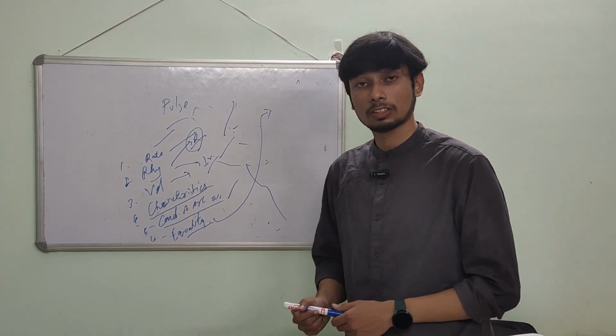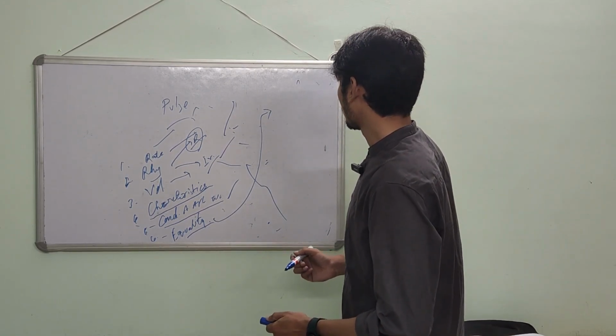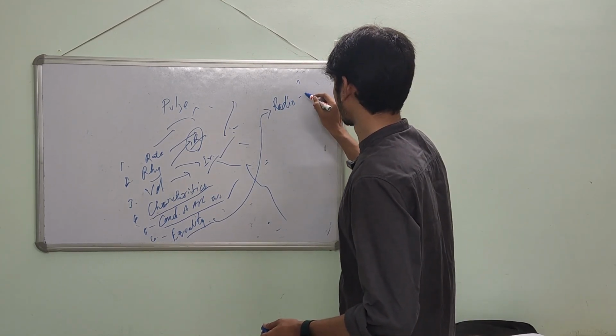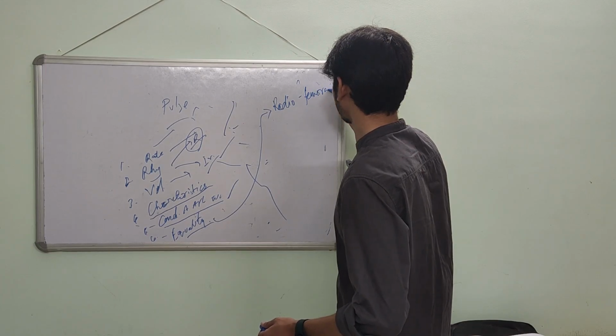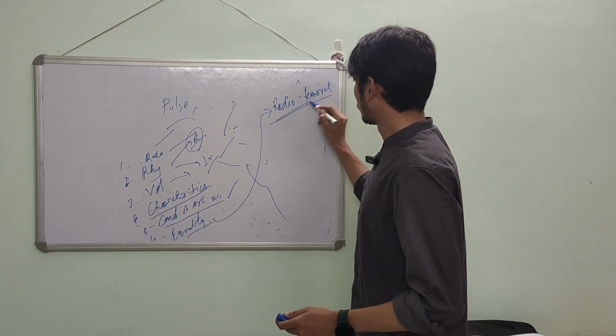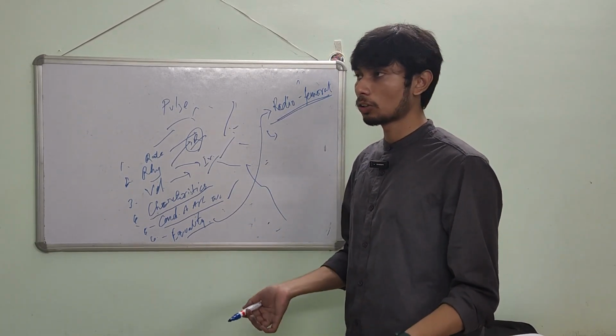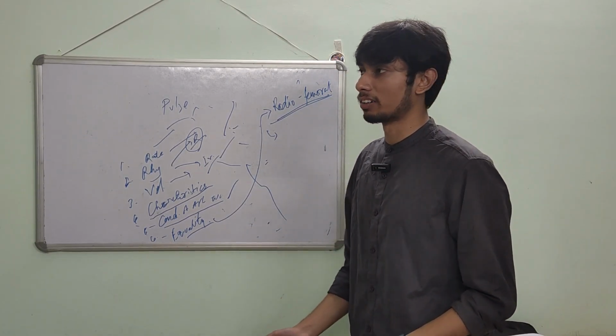So, what are the causes of that delay? If it is radiofemoral delay, then there is coarctation after the origin of the left subclavian artery, right?